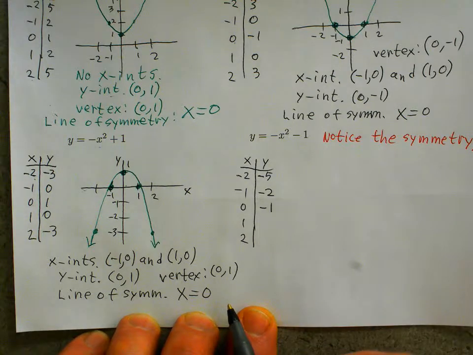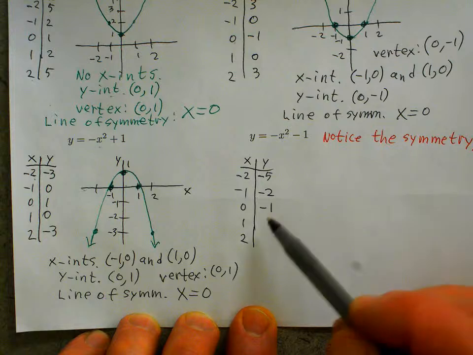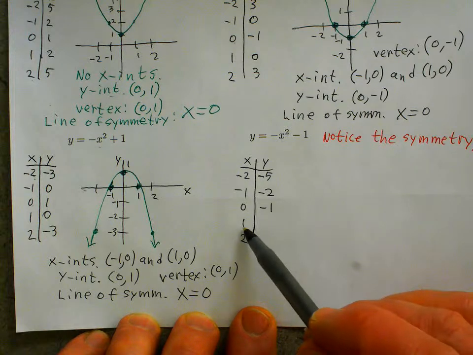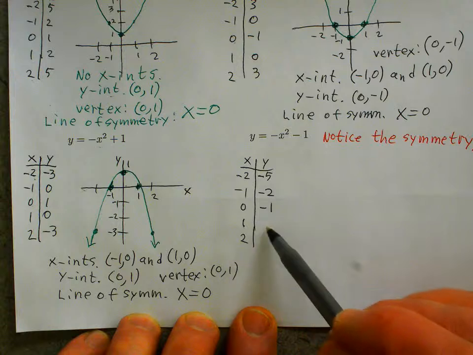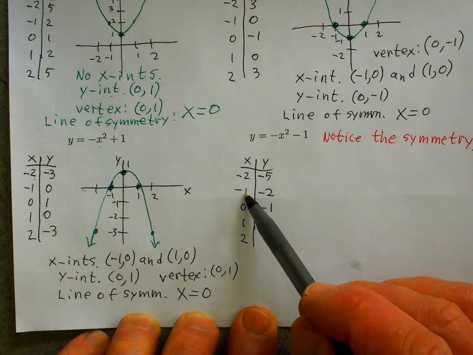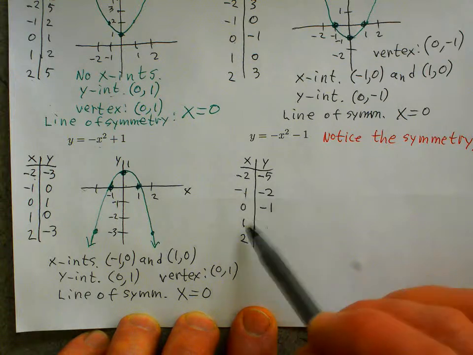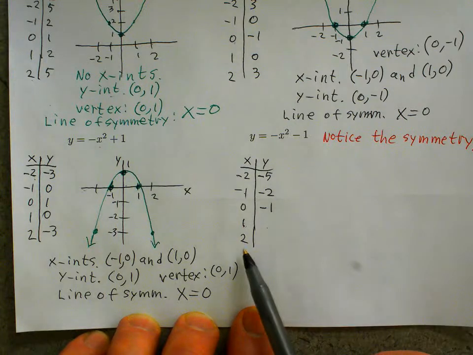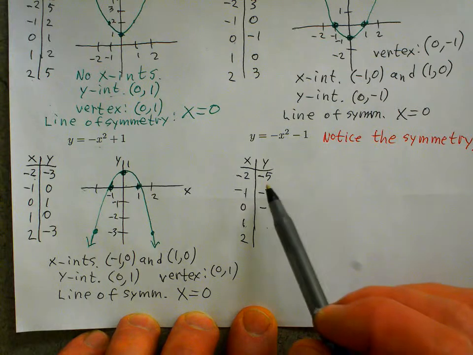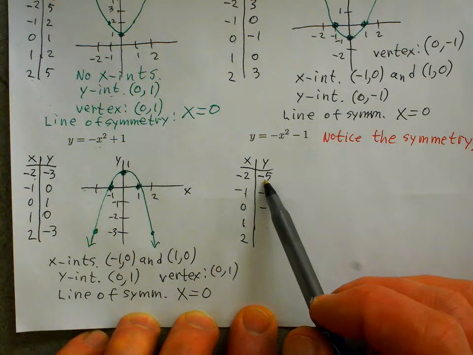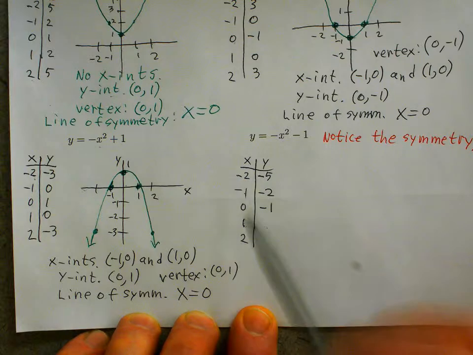Okay, by symmetry, I know that the y-coordinate that goes with x equals 1 is the same y-coordinate that goes with the x-coordinate -1. I also know by symmetry that the y-coordinate that goes with x equals 2 is the same as the y-coordinate that goes with -2.